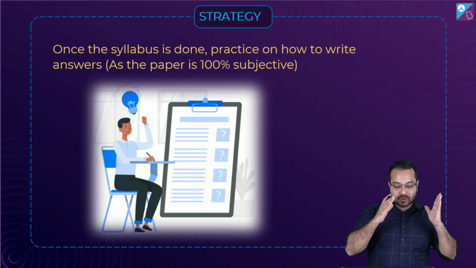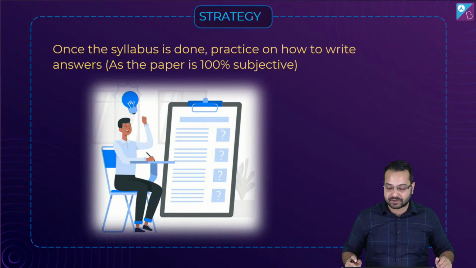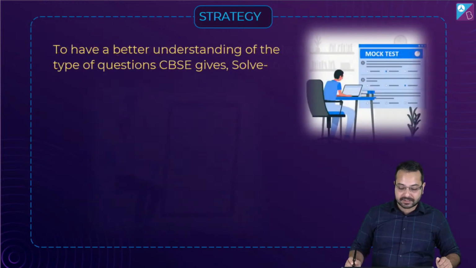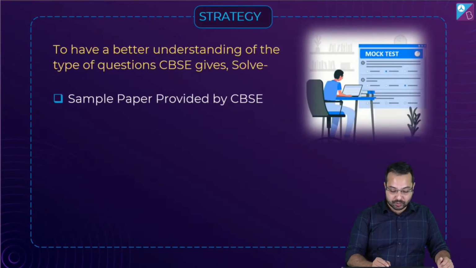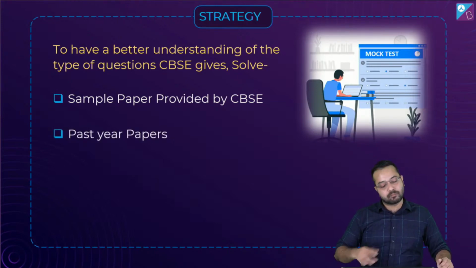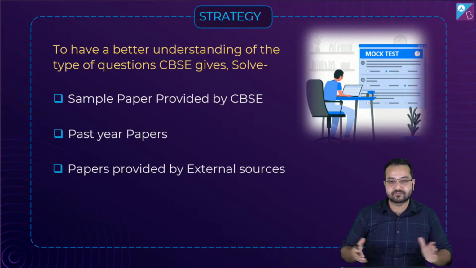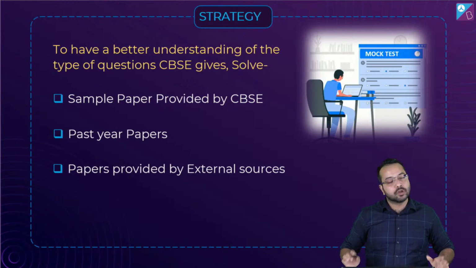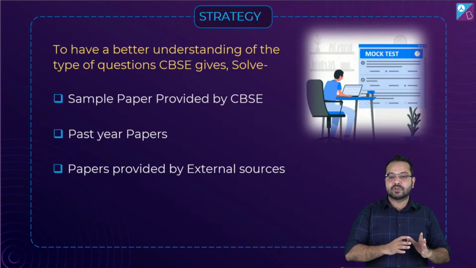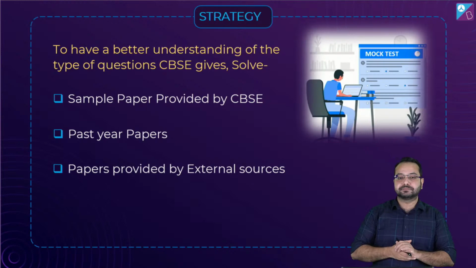So writing that down properly in your answer is very, very important. For that we need to write a lot of sample papers, past year papers, and mock tests, so that you are able to write them properly. Knowing is not enough. You should be able to write that down as well.